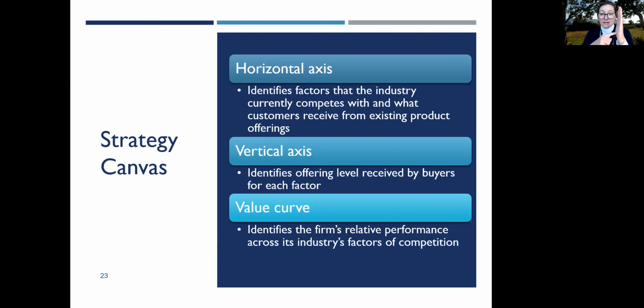On the vertical axis, we've got the level that identifies the offering level received by the buyers for each factor. So we're going to look at an example of this. And what we're going to do on our example on the next slide is look at a value curve. So we're plotting, for each attribute of our product, how much does the consumer value each attribute?